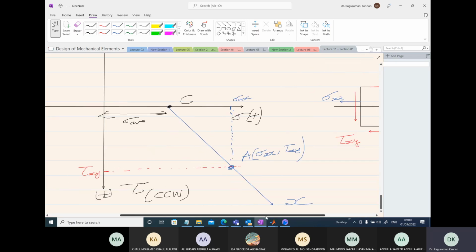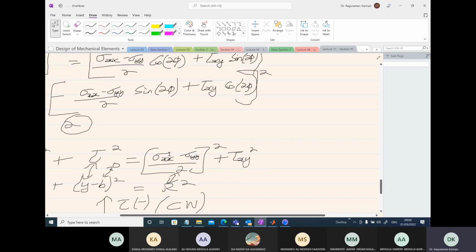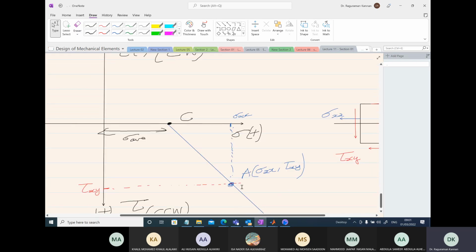We also identified the point A. Joining C with A will automatically be your radius that is required. You will get the same formula if you check what is the length of the radius here. What is this length?